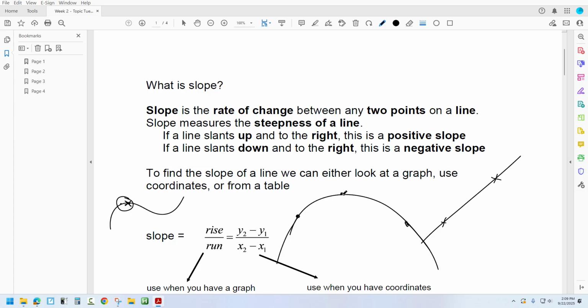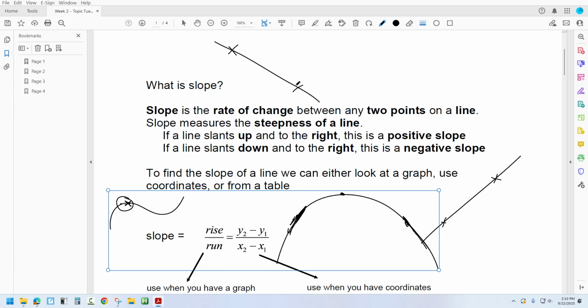So when you have something that's curved, the slope can feel different depending on where you're standing. Standing right here, it's perfectly flat. Standing up here, it would feel like you're trying to go uphill. Standing over here, it would be like you're falling downhill. With a line, you don't have to worry about that. A line is exactly the same no matter where you stand. Same steepness everywhere. And that's what we're focusing on: a line.